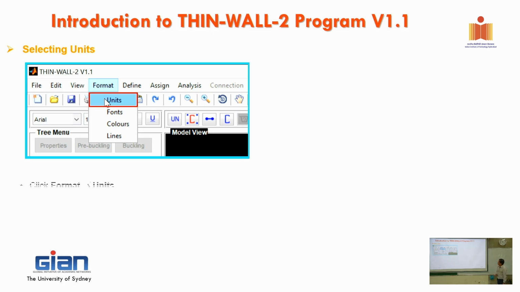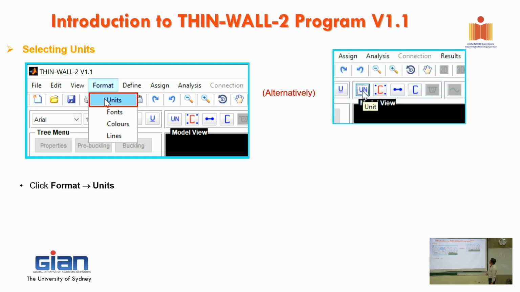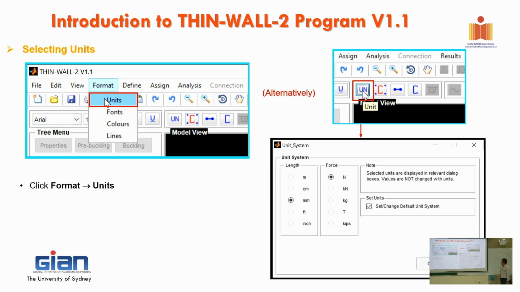So first we choose unit, format unit, and there are two ways to do it. One is you click on that, or second is you click directly on the bar, just the shortcut, so you don't have to go to that one. So there are two alternatives. Right, so then you can choose here millimeter, newtons, and then you can click OK.